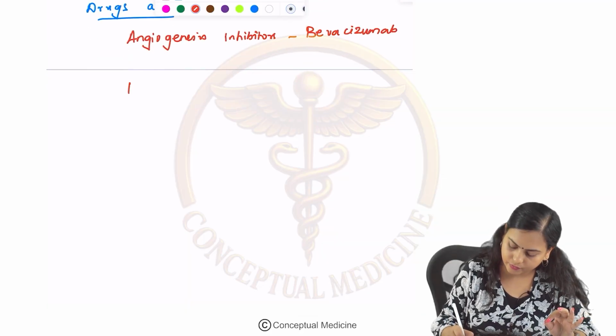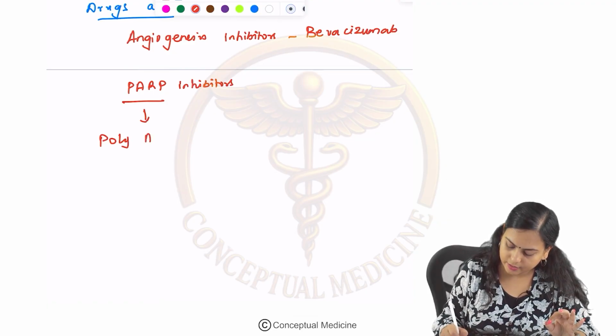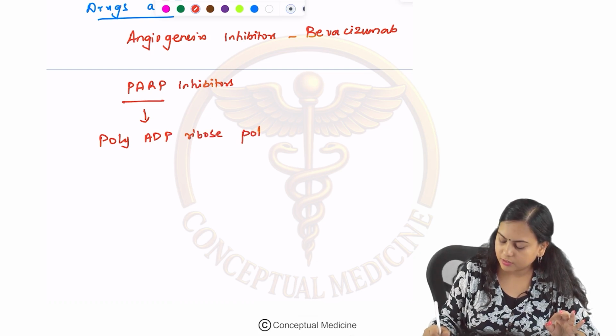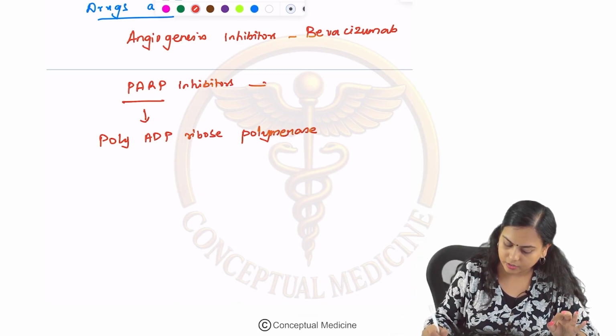Also PARP inhibitors. What is PARP? Yes, poly ADP ribose polymerase inhibitors. Okay, so these drugs will include olaparib and rucaparib.